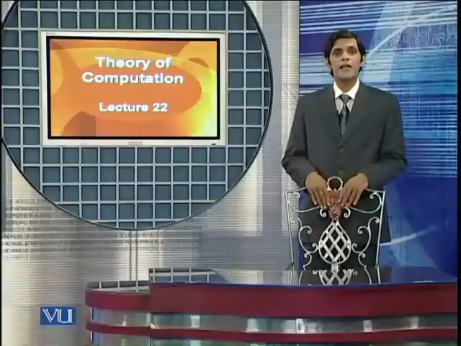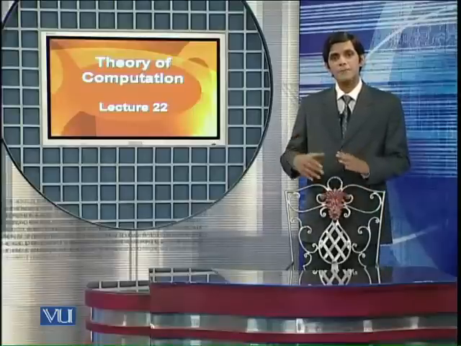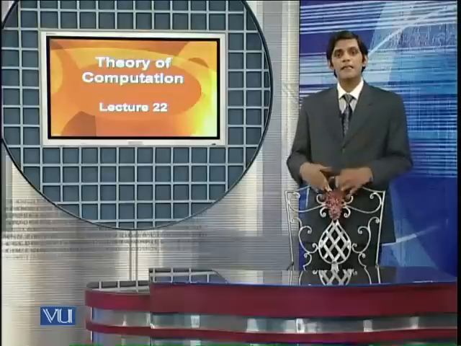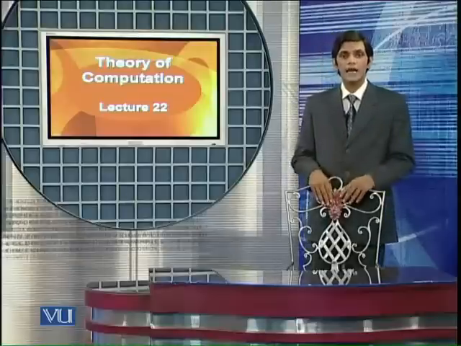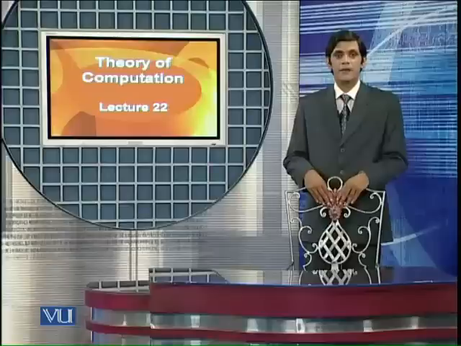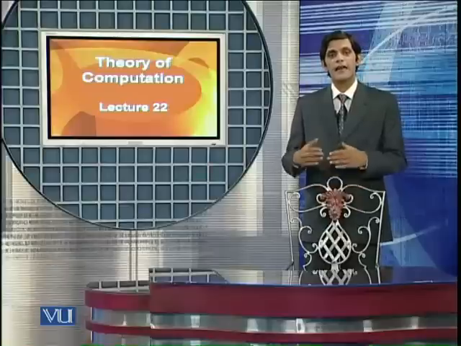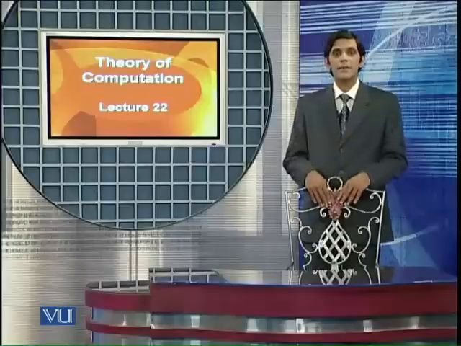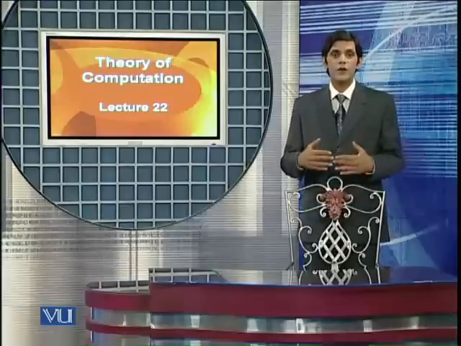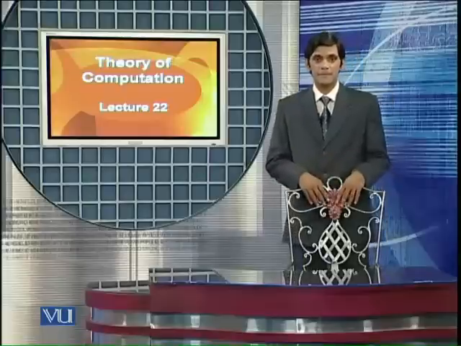We said that if we have a k-tape Turing machine which runs in time t(n), then we can find an equivalent one-tape Turing machine which runs in time t squared of n. So this theorem said that one can get rid of extra tapes and reduce the Turing machine to a single tape model at the cost of a quadratic penalty.